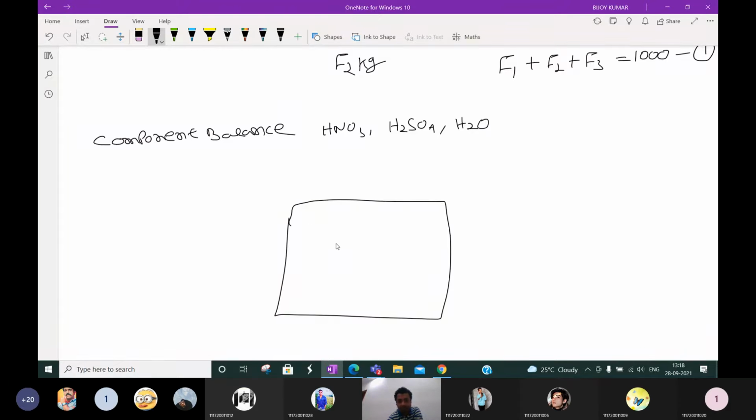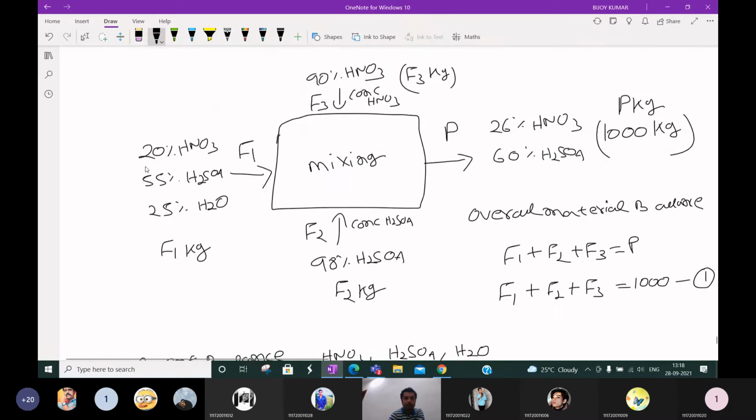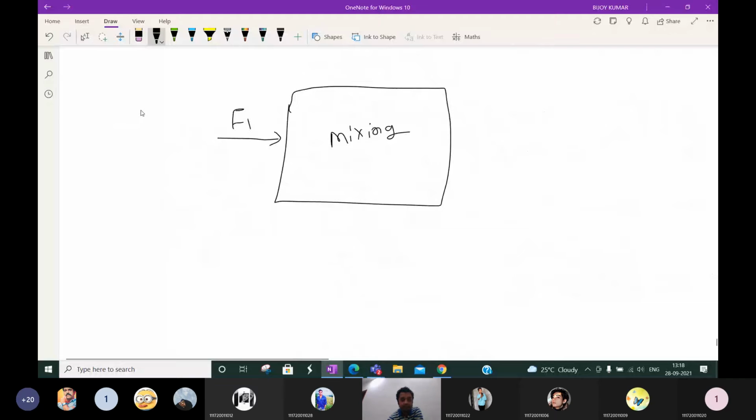This is the mixing tank. Here we have F1, which has 20% HNO3, 55% H2SO4 and 25% H2O. This is the composition in F1 kg.